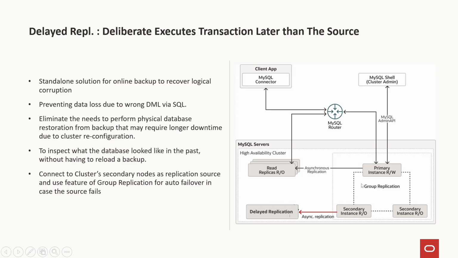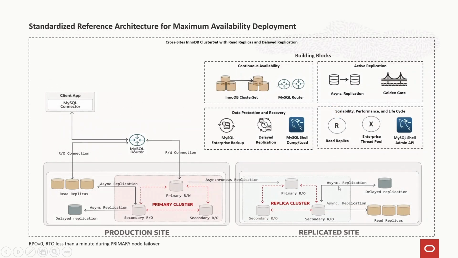Even though we have more than one database, all will be truncated because it is eventual consistency, right? But at least we have delayed replication to survive and recover the data, because the data that was truncated in the main InnoDB cluster will still be there in delayed replication. This is actually very useful for recovering from logical corruption.